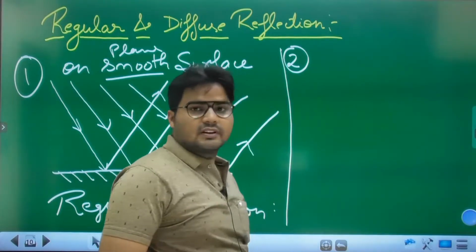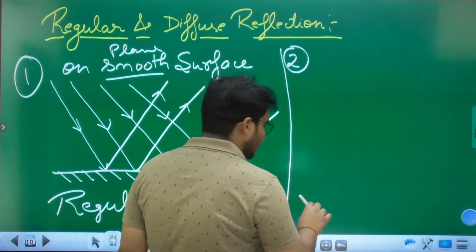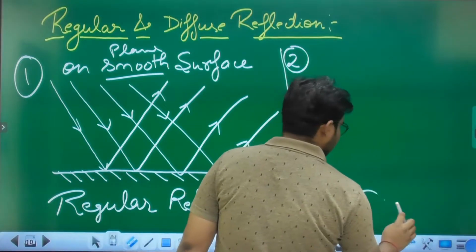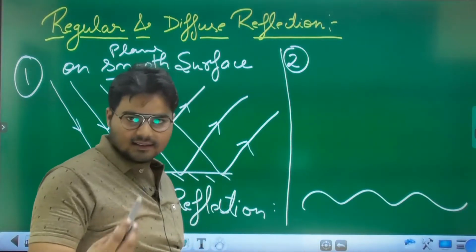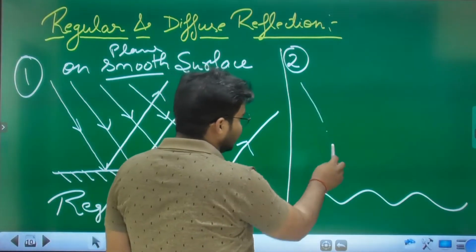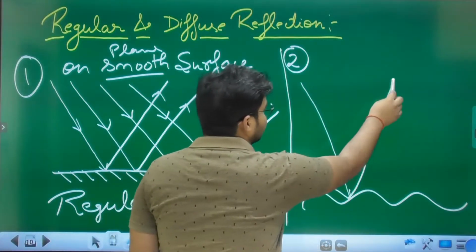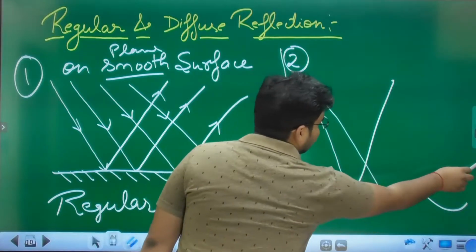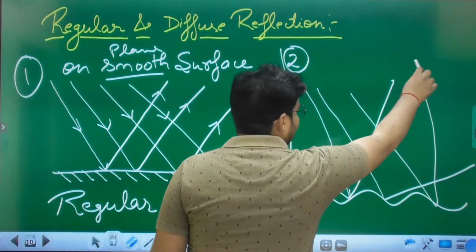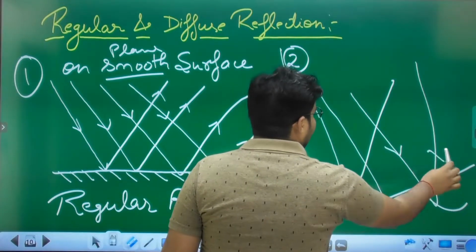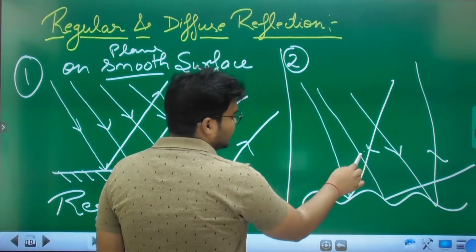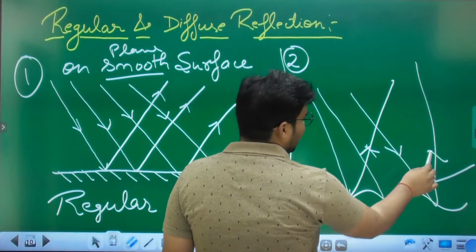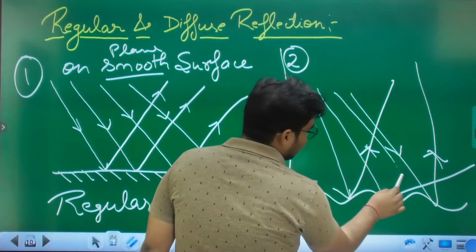So diffuse reflection is just the opposite, it occurs on the rough surface, dull surface. Clear? So when light strikes it, it goes to this side. When another light strikes, it goes to this side. So no fixed pattern is followed on the rough surface.